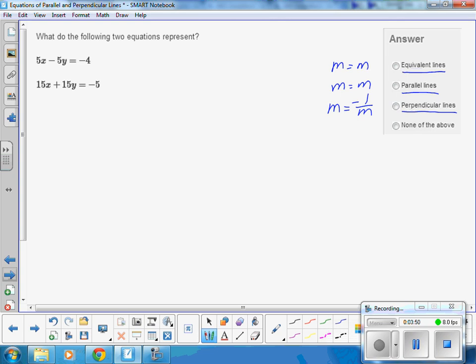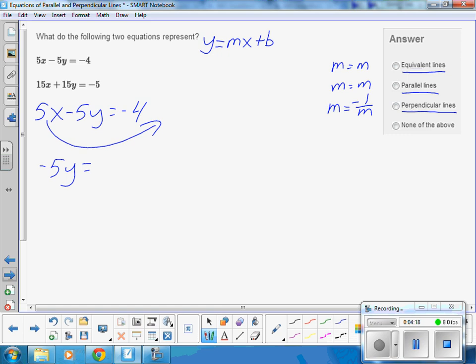So when we take a look at these two equations, the first thing I need to do is figure out the slope. So the best thing to do is write it in the form y equals mx plus b. That means I want y equals the x term and then the b term. So on my top equation, I have 5x minus 5y equals negative 4. I want to move my 5x over there. So that's negative 5y equals negative 5x minus 4.